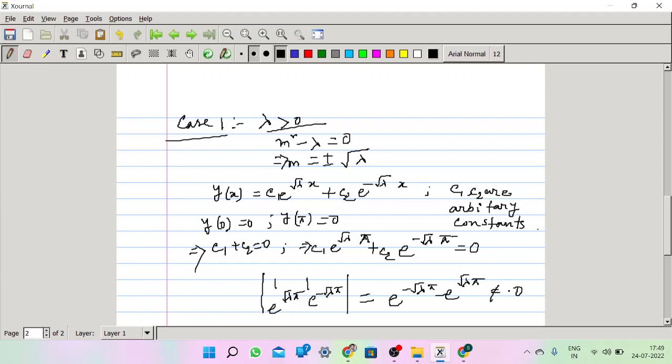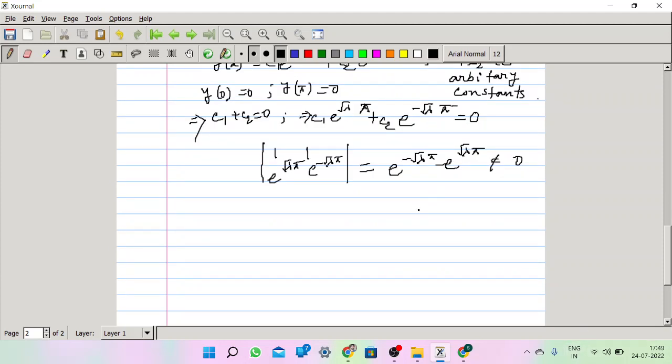So by solving we get c1 equal to c2 equal to 0, because the coefficient determinant is non-zero. But that gives y(x) equal to 0, which is a trivial solution, which is not our case. We want a non-trivial solution for which the solution exists.